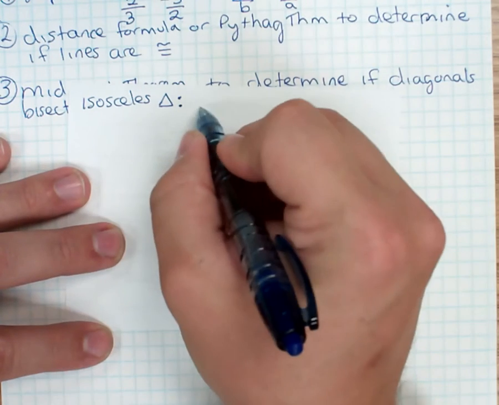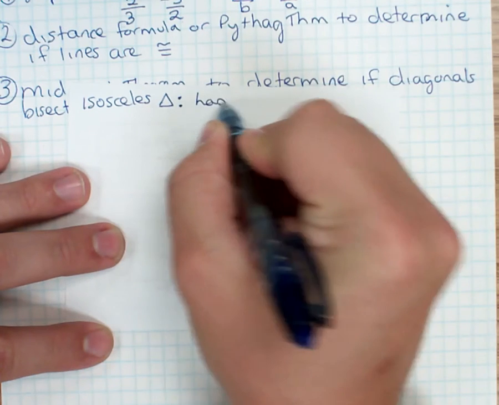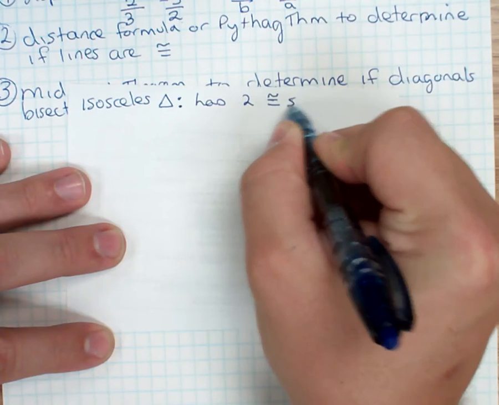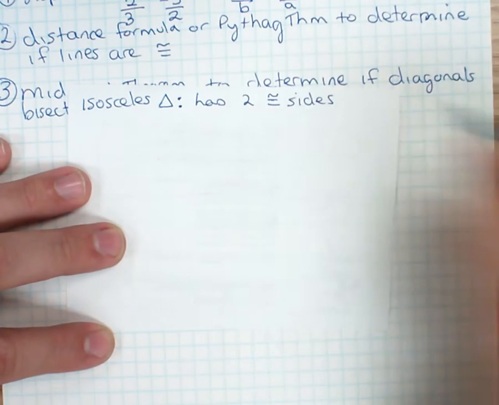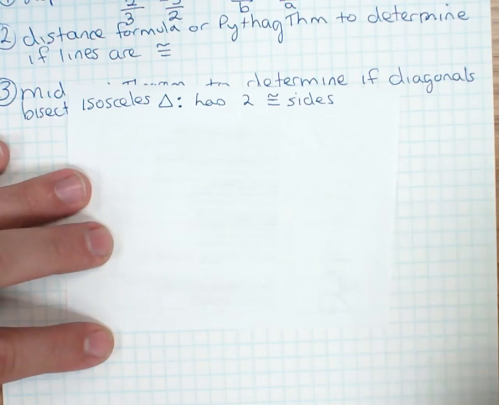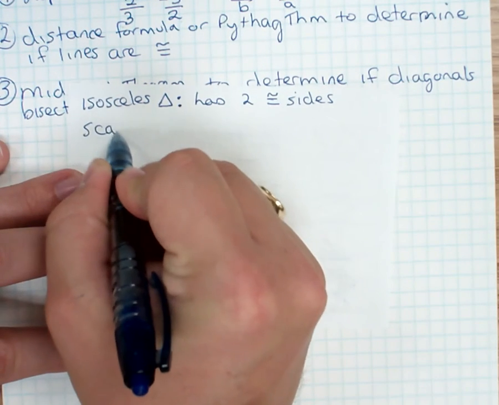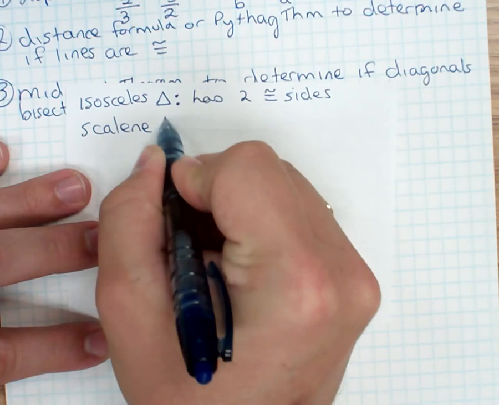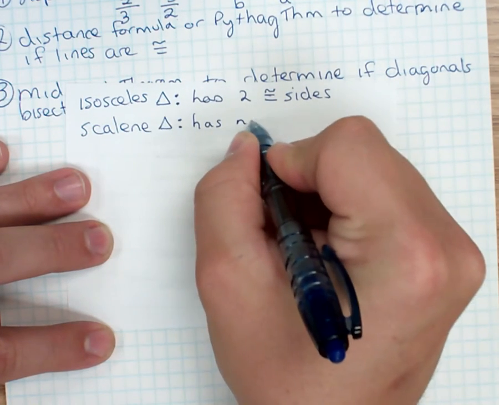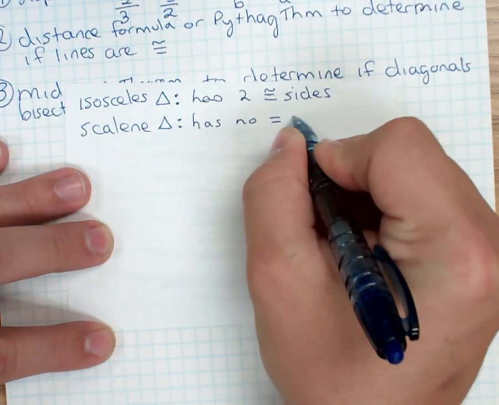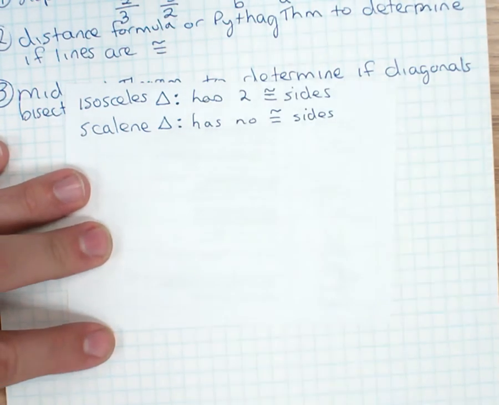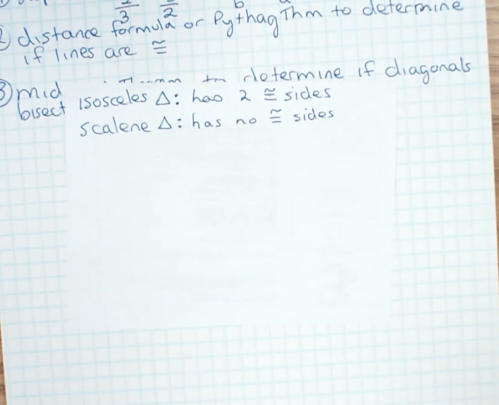An isosceles triangle has two congruent sides, so two sides of equal length. A scalene triangle has no equal sides. No equal, congruent. I'm using those terms interchangeably even though they're slightly different.